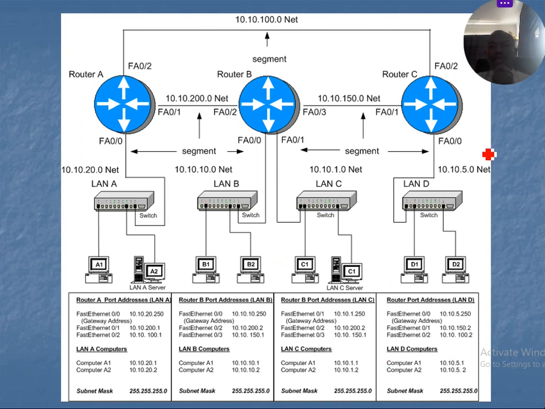Now what you see here is various networks connected with routers. This is router A, router B, router C. Router A is connected to router B, and router B is connected to router C, and router A is also directly linked with router C, as you see here.